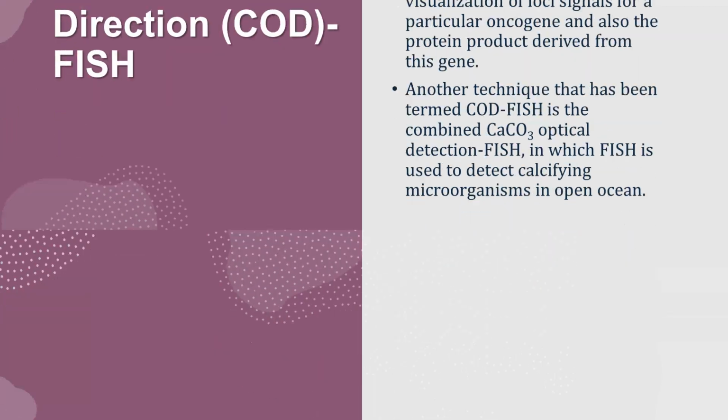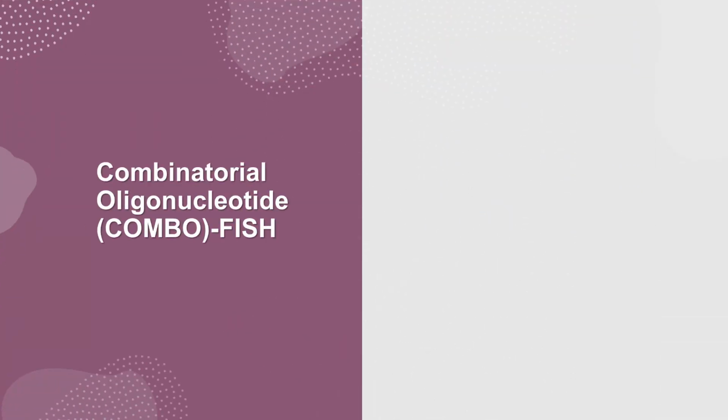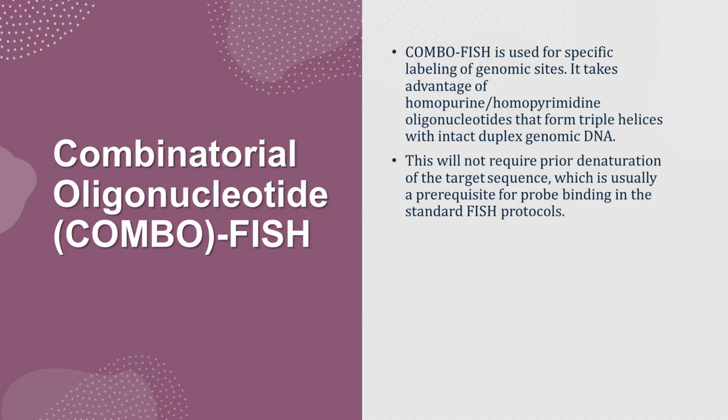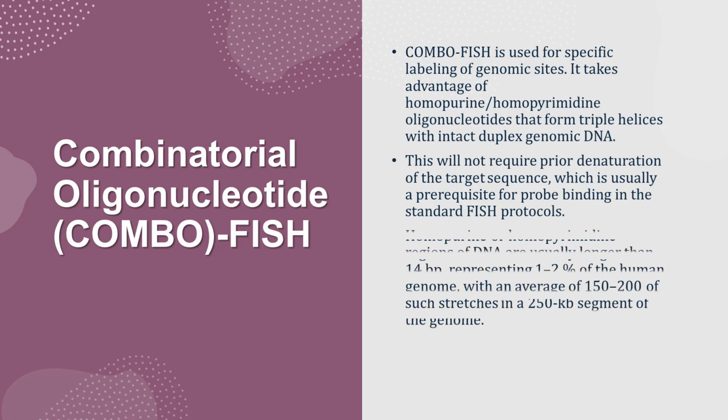Combinatorial oligonucleotide, COMBO-FISH. COMBO-FISH is used for specific labeling of genomic sites. It takes advantage of homopurine/homopyrimidine oligonucleotides that form triple helices with intact duplex genomic DNA. This does not require prior denaturation of the target sequence, which is usually a prerequisite for probe binding in standard FISH protocols.